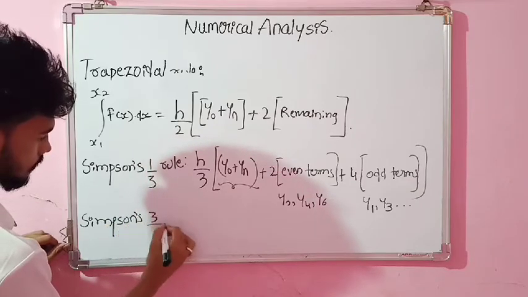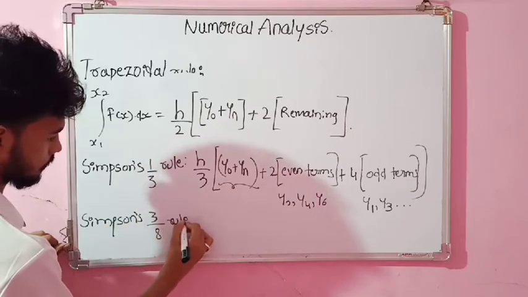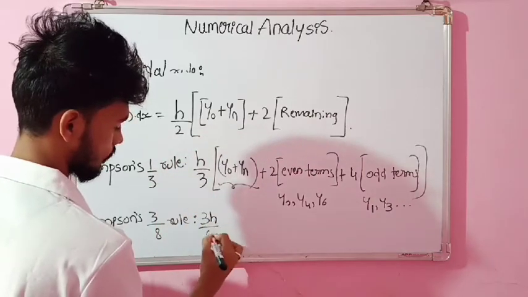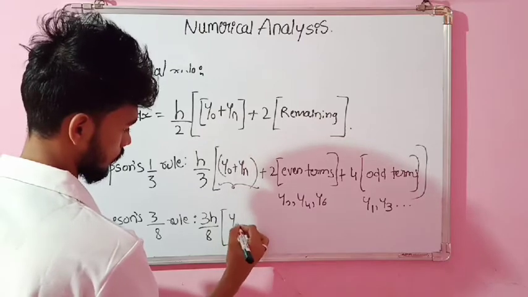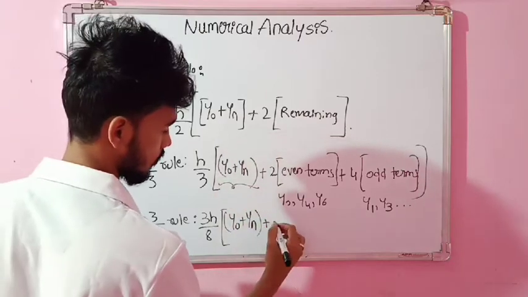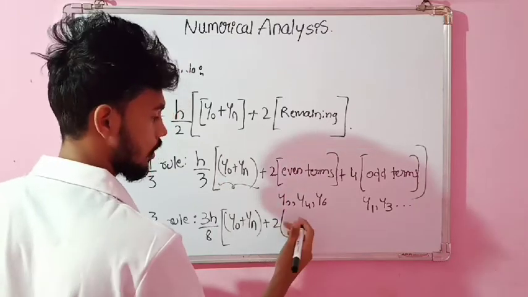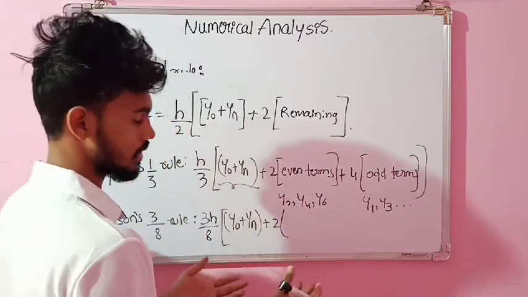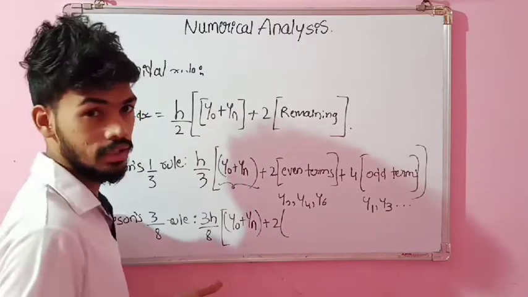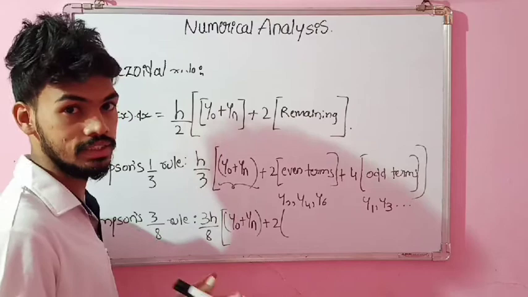Next, Simpson's 3/8 rule. It's given by 3h by 8 times y0 plus yn plus 2 times the terms which are multiples of 3, like the 3 table: 3 ones are 3, 3 twos are 6.